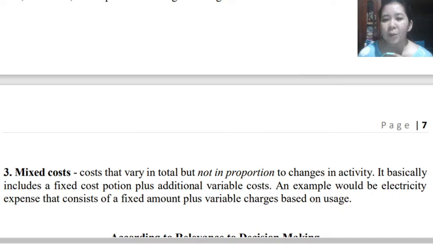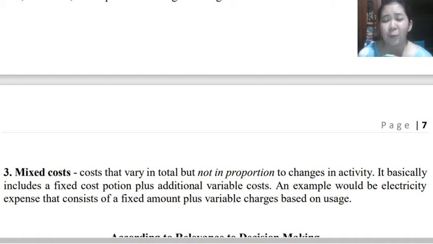But actually, electricity expense is classified under variable cost because the charge or the expense for electricity depends on your usage.